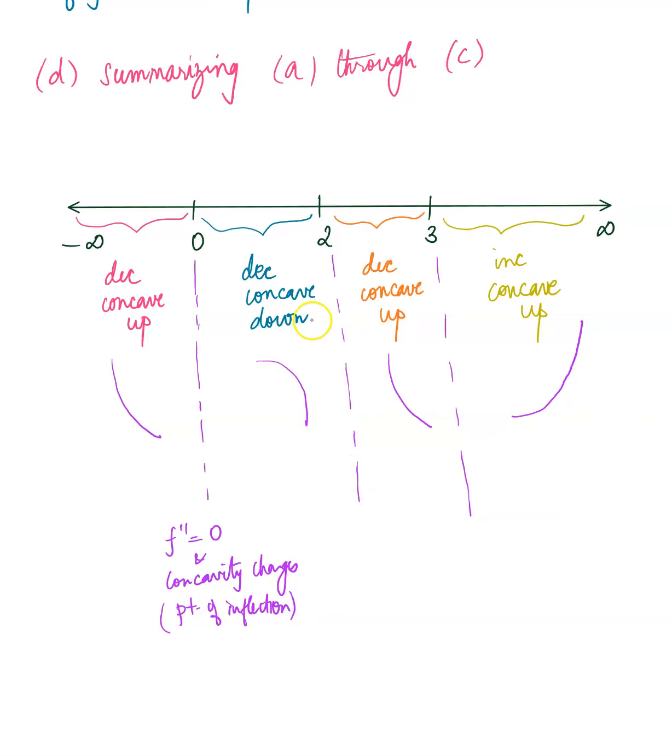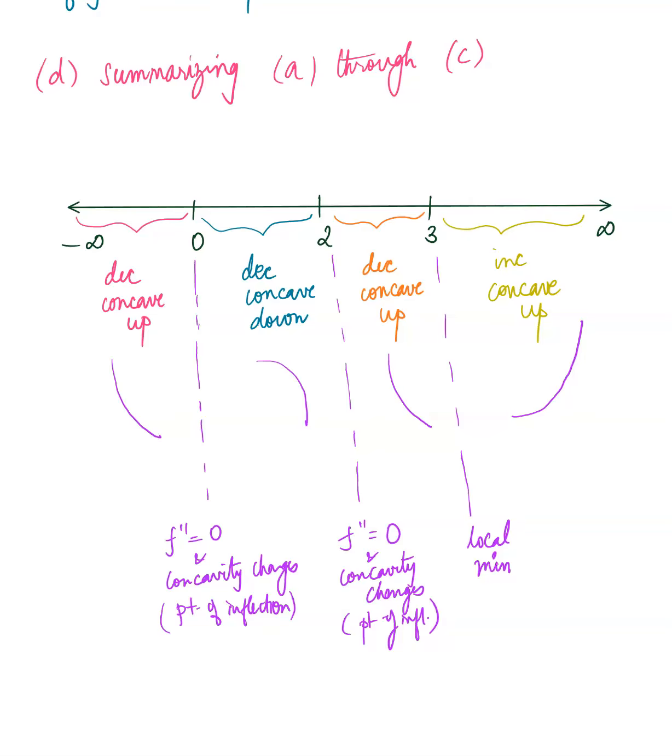Let's come here. Concavity down to concavity up, and the second derivative was also 0 there, right? 0 and 2. Concavity changes. Point of inflection. Concave up, no point of inflection there, but we did determine that there was a local min from part A. So now we have all these details together.